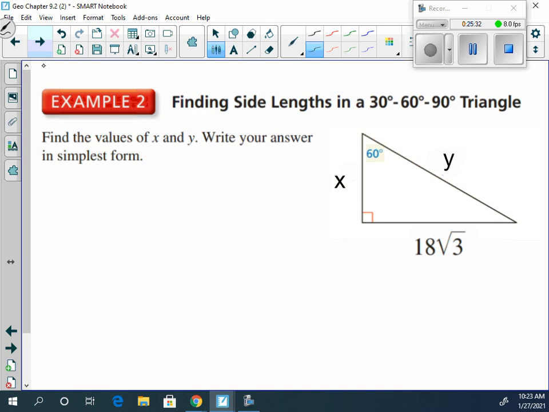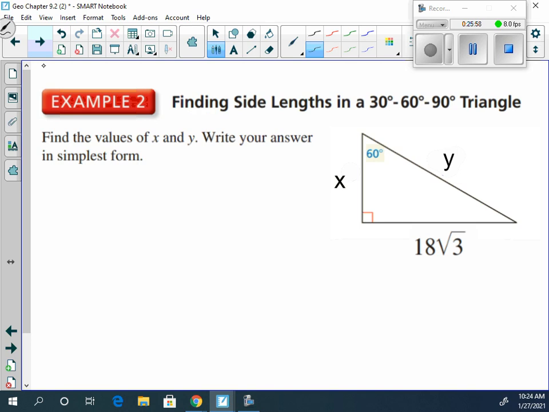Okay, so since they gave us the side opposite 90 degrees, the hypotenuse, the first thing we're going to do is divide it by 2, yes? Did they not give us the side opposite 90 degrees? They gave us the side opposite 60 degrees, yes? Well, okay. Now, when we first started this off, we were given the side opposite 30 degrees, yes?